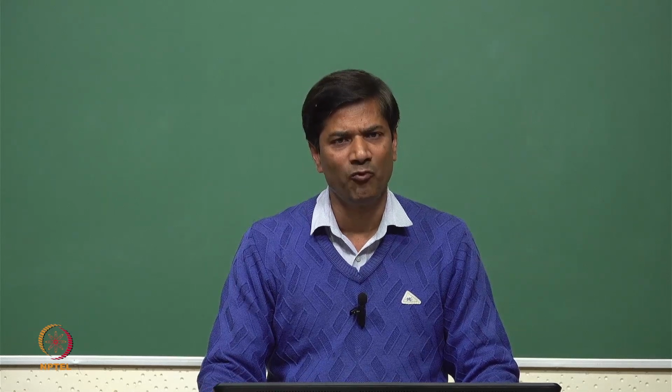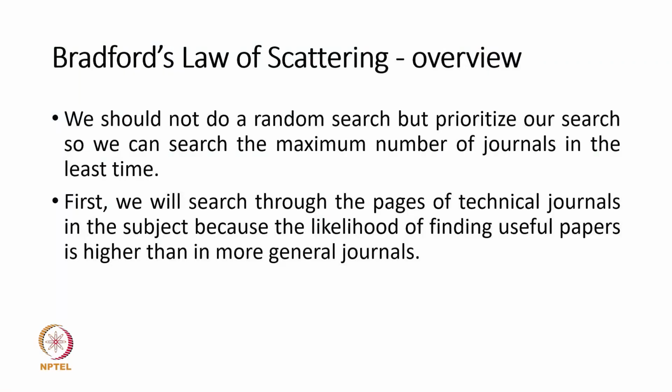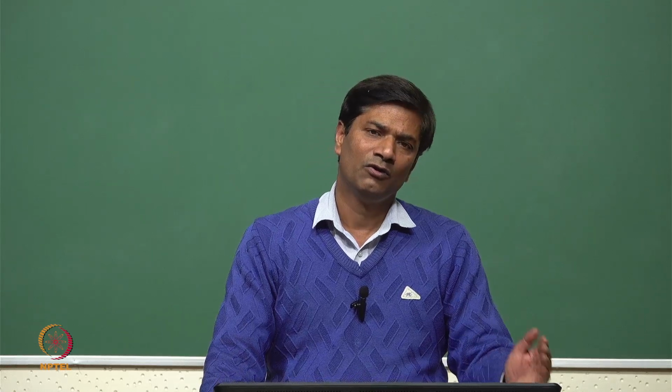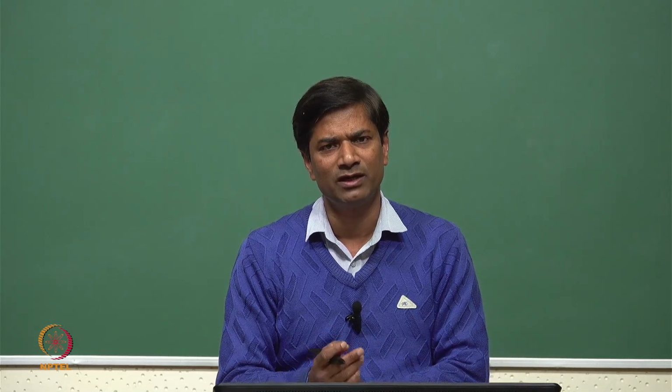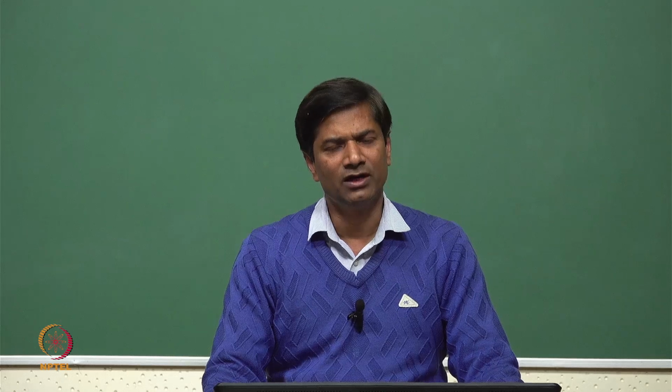But here the point is that we cannot do a random search, because random search won't result in a fruitful conclusion. Hence, we want to prioritize our search, we want to do the search in such a way that we get the maximum number of articles of that particular subject in minimum number of journals.